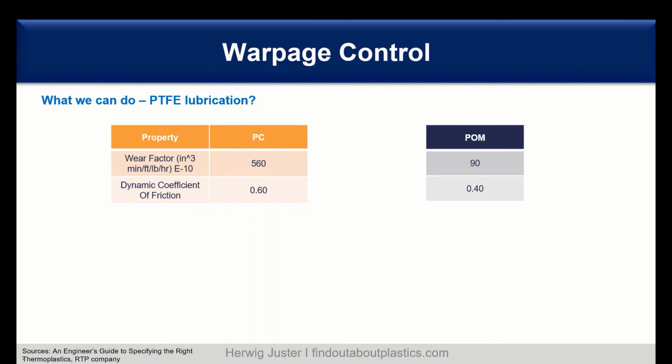However, when we add to polycarbonate some low amounts of PTFE for lubrication, then we can decrease the wear factor. We will not reach the POM level, however, we can decrease it significantly, and also have a coefficient of friction below that of POM. In this example, it's polycarbonate with 15% PTFE.